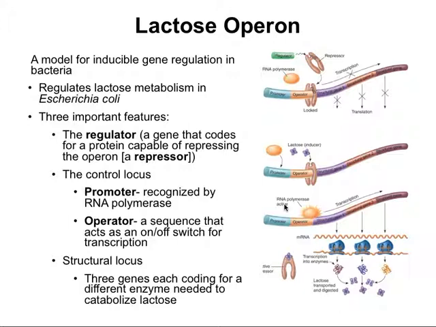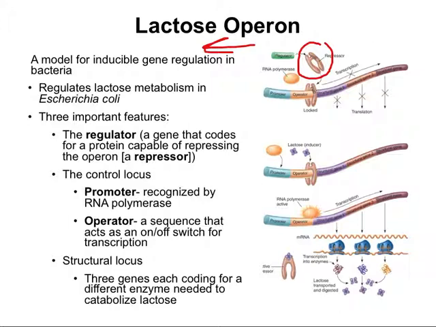The operon has three important features, whether it's inducible or repressible. The regulator is a gene that codes for a protein that's capable of repressing the operon, or coding for a repressor protein. So in this image, here is our repressor protein. Somewhere upstream of this operon is a gene that codes for this protein.